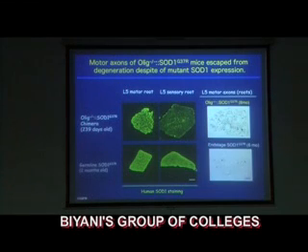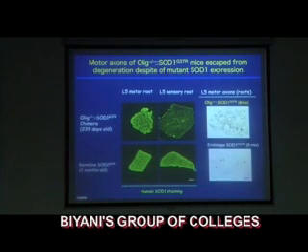So we followed up those mice to see whether motor axon degeneration actually happens. This control mouse, which expresses mutant SOD1 in all cell types, shows significant, extensive axonal degeneration at 6 months.